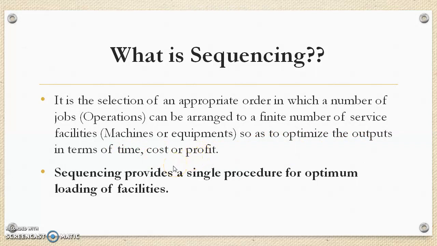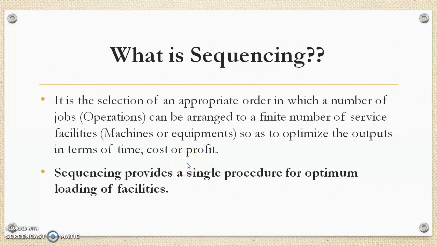Sequencing problems arise whenever there is a need for determining an optimum order of performing a number of jobs by a number of facilities.